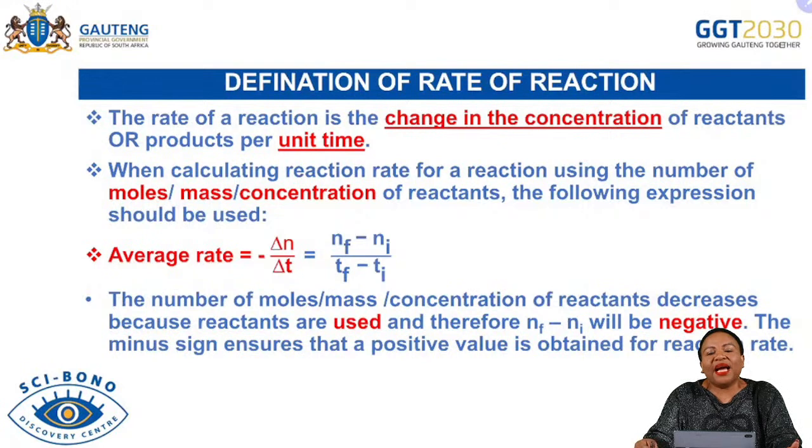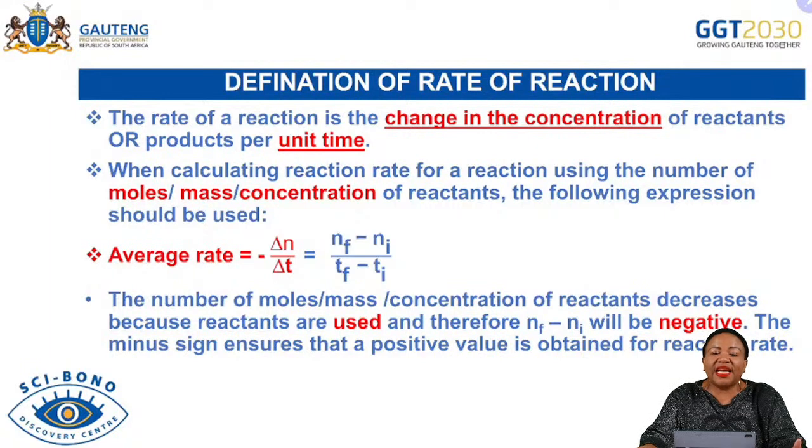Definitely, in a chemical reaction, you will expect the concentration of the reactants to decrease as the products are forming. And you will also expect the concentration of the product to increase as the reaction process continues. So it is very important that you know that the change of the concentration is going to be based on which part is formed. Like the reactants concentration, how will it change? The product concentration, how will it change? So what makes the concentration of the reactants to change?